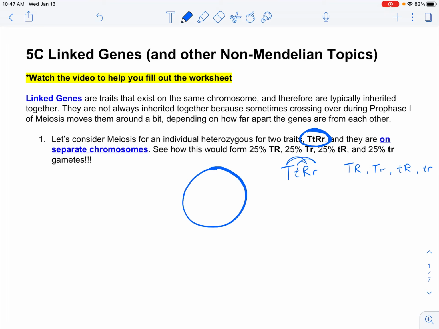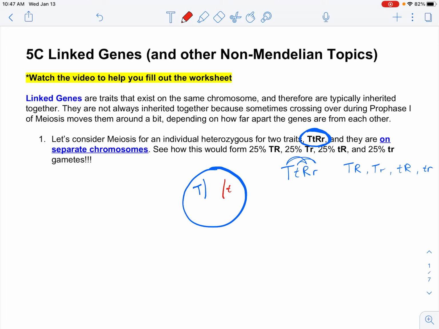Let's say this cell has the gene for tallness on this chromosome here, with a capital T and a lowercase t, because it has two parents. So that would be like chromosome 1 or something like that. It has two copies, and it's heterozygous.